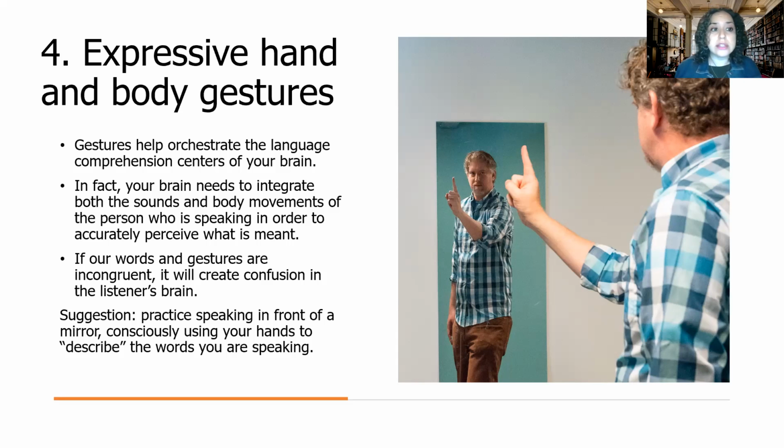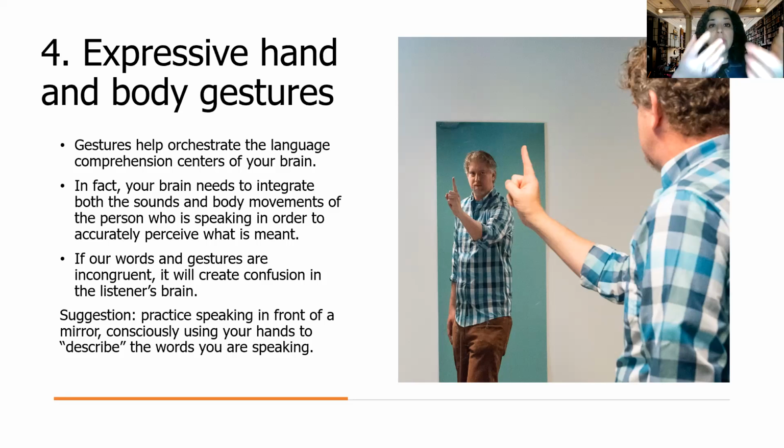Gestures help orchestrate the language comprehension centers of your brain. There's a suggestion, as the picture is showing here. You need to practice this, and to practice, you should speak in front of a mirror, consciously using your hands to describe the words that you're speaking.